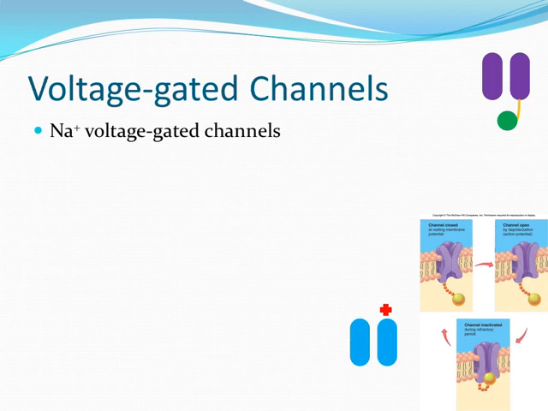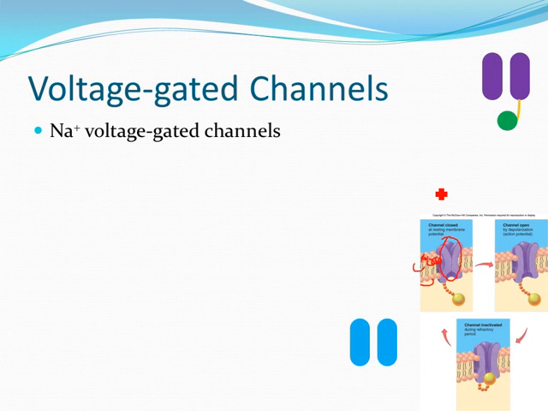Okay, so we have a couple channels, and what kind of biomolecule are these channels made of? You guys remember? What kind of biomolecules are channels made out of? Proteins, very good. We have a phospholipid plasma membrane, and we have these proteins embedded on the plasma membranes themselves.